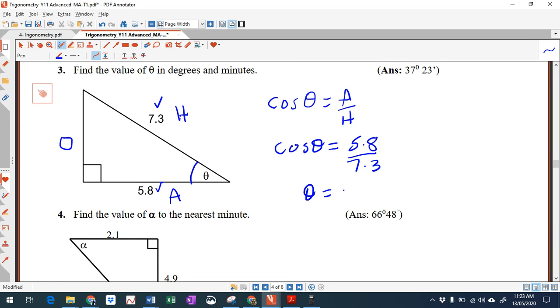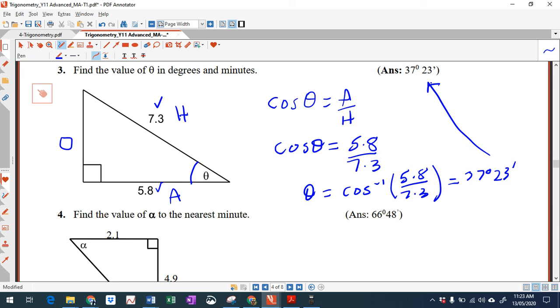So theta will be the inverse cosine of 5.8 on 7.3, which equals, okay, so Shift cosine 5.8 on 7.3, close bracket, equals, degrees, minutes, seconds button, 37 degrees, 23 minutes, which is this one up here.